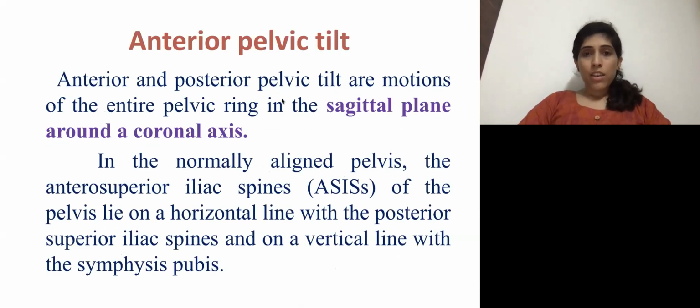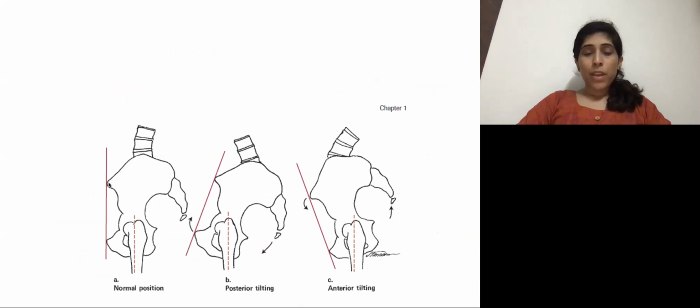Now we'll see in detail that in a normally aligned pelvis, the anterior superior iliac spine, that is the ASIS, lies in a horizontal line with the PSIS, and lies in a vertical line with the symphysis pubis. Here we have already seen that the ASIS lies in a horizontal line with the PSIS and in a vertical line with the pubic symphysis.